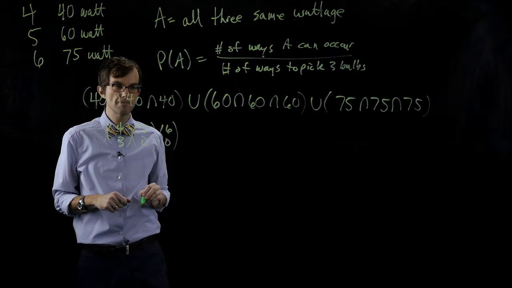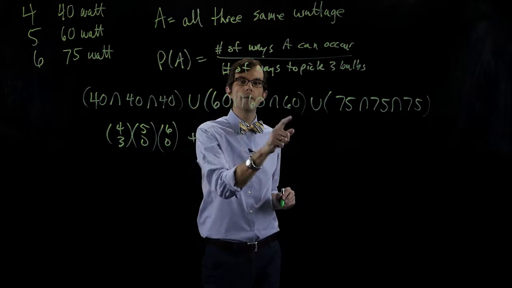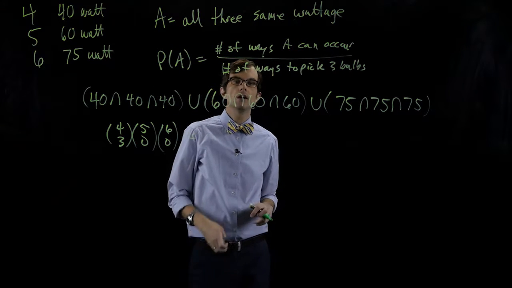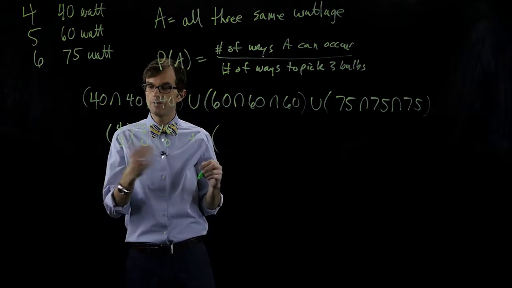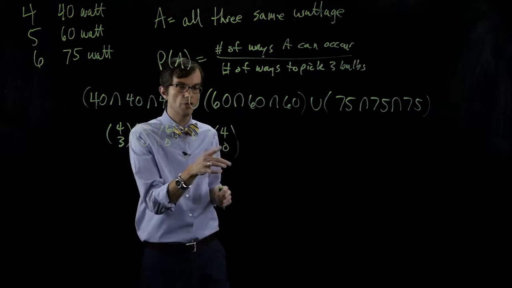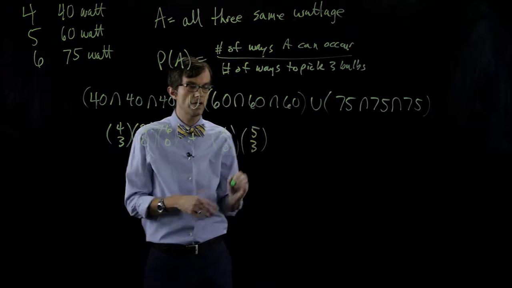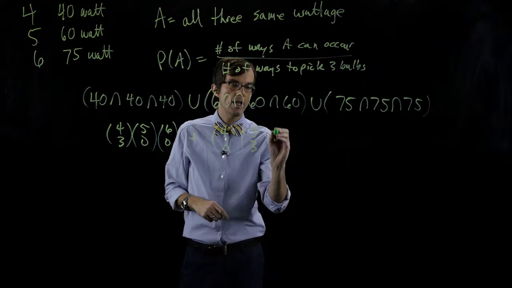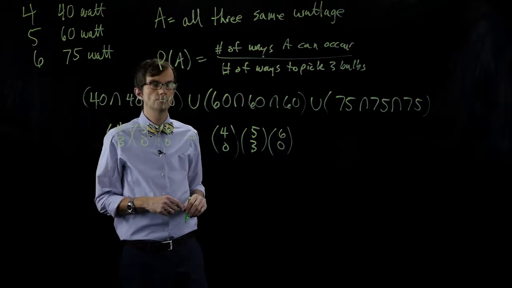Here, we're going to add to this, how many ways can we pick 3 60-watt bulbs? Well, that means that of the 40-watt bulbs, we pick none. Of the 5 60-watt bulbs, we're going to pick all 3. And from the 75-watt bulbs, we're going to pick none.